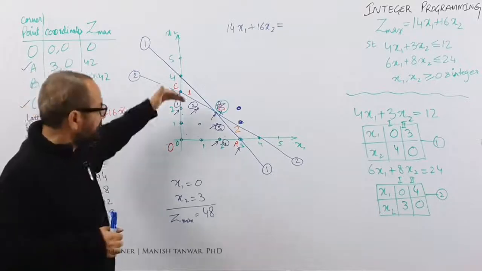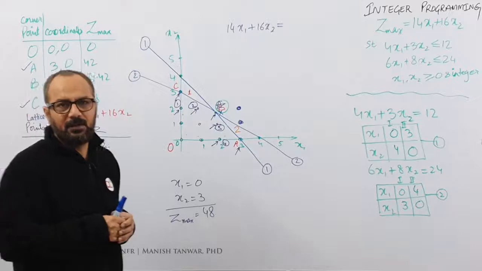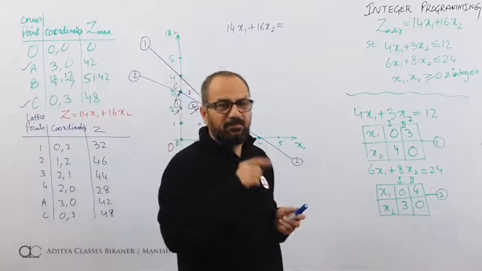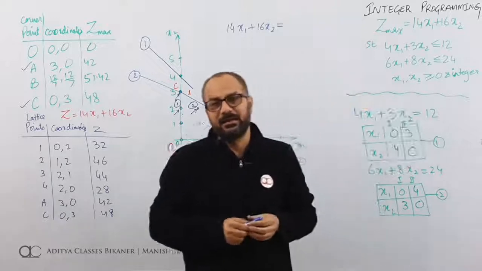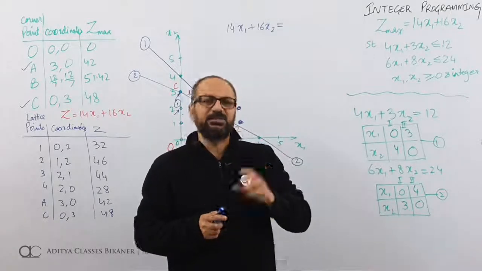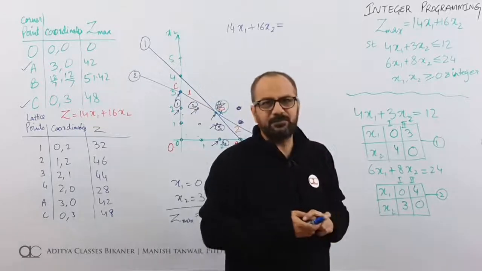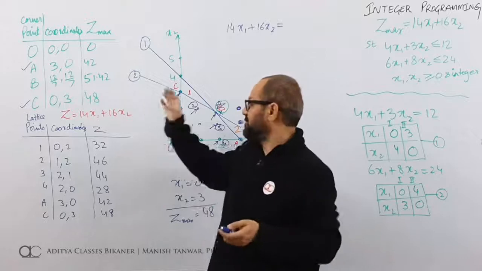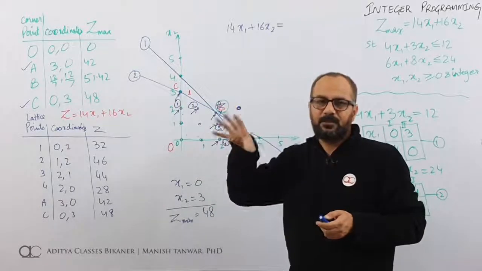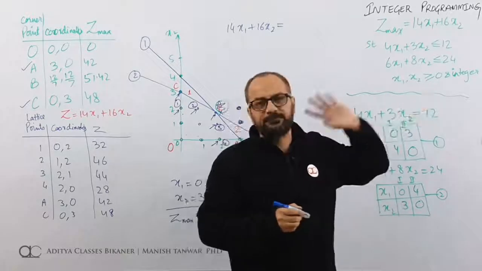So what I do is I find my best solution and then move inwards, thereby keeping my feasibility, but trying to meet this condition of decision variables being integers. So this was an introduction of what integer programming is, what it does, how it finds the best solution and then tries to optimize keeping the solution integers.